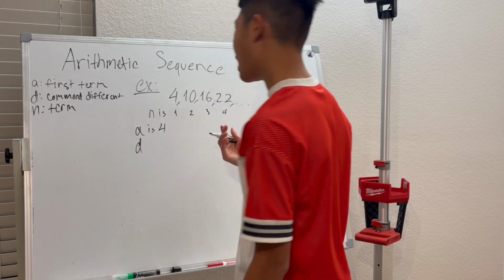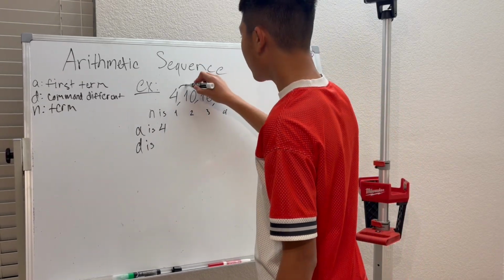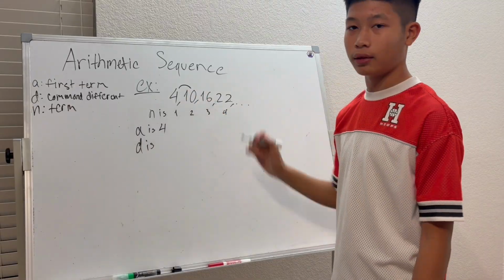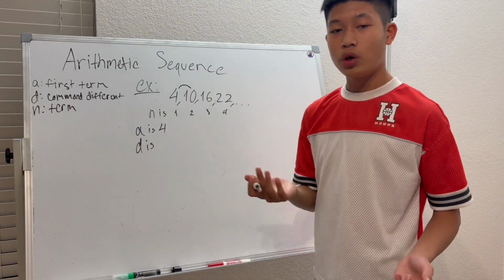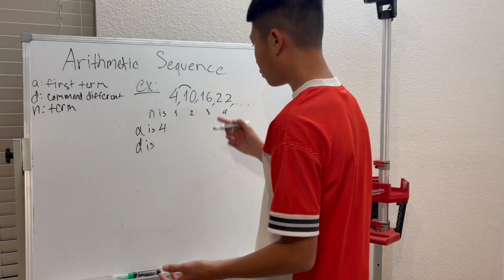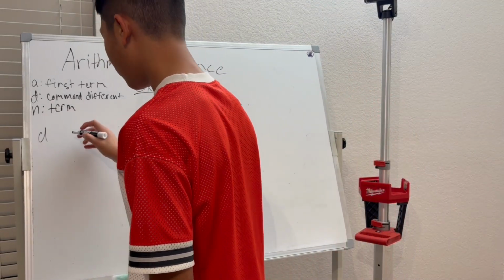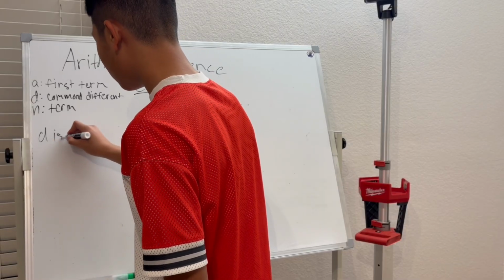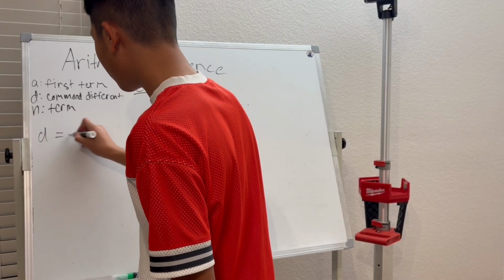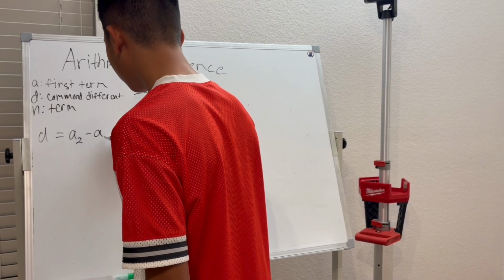D is the common difference. That means, from 4 to 10, what do you have to add or subtract to get 10? Well, you can find this by using a formula. D, the common difference, is equal to A2 minus A1.